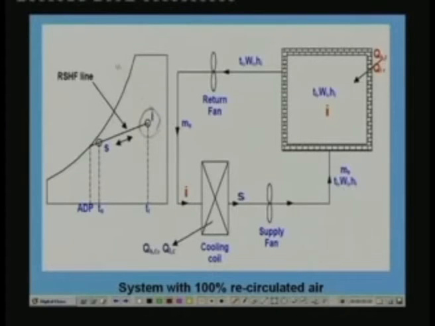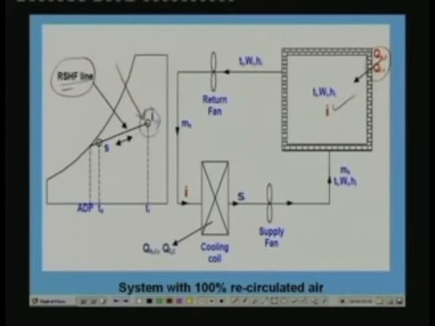We know this conditioned space state I based on the comfort criteria. This is known to us. So we can place this point on the psychrometric chart, and the slope of this line can be obtained if you know the value of RSHF. For the time being, let us say that we know the latent and sensible heat loads on the building, right? So we can calculate RSHF, and from RSHF we can find out what is the slope of the line.